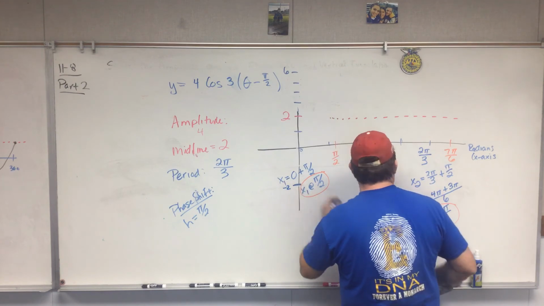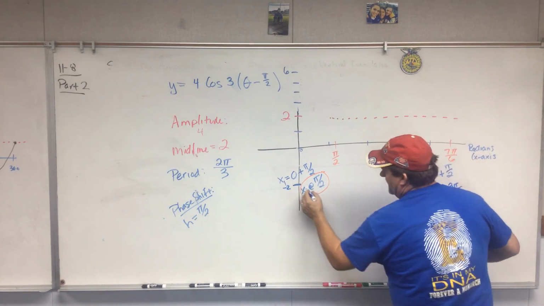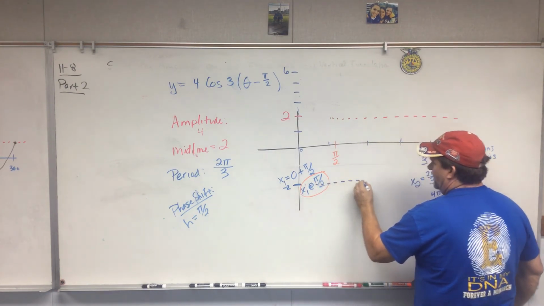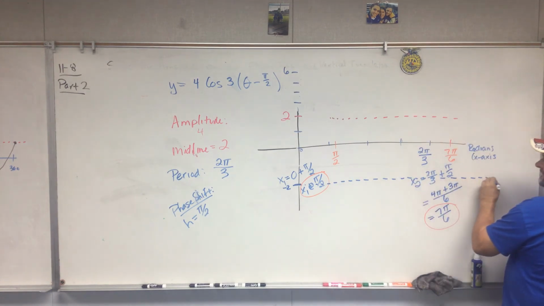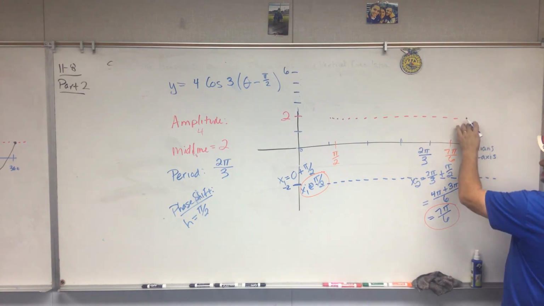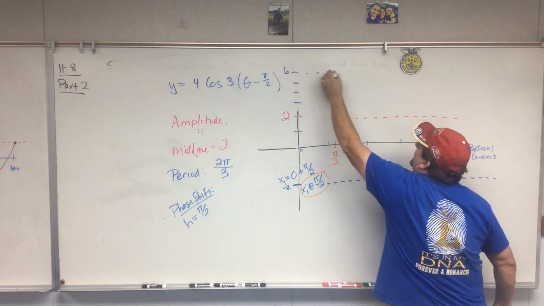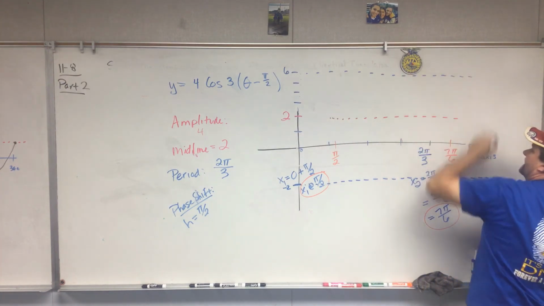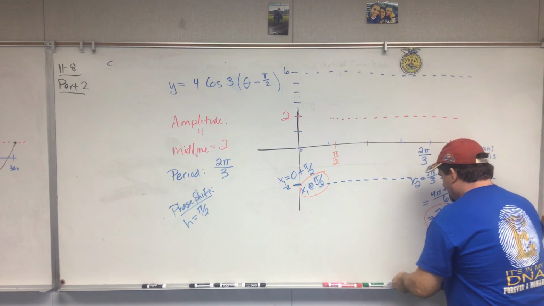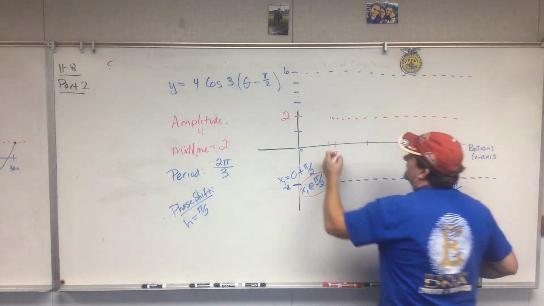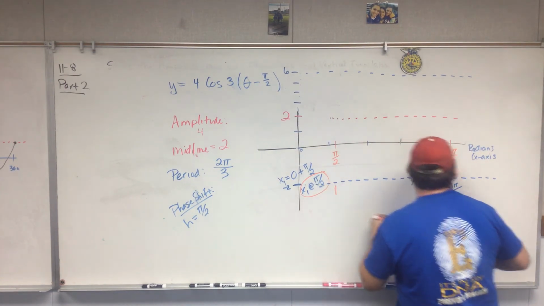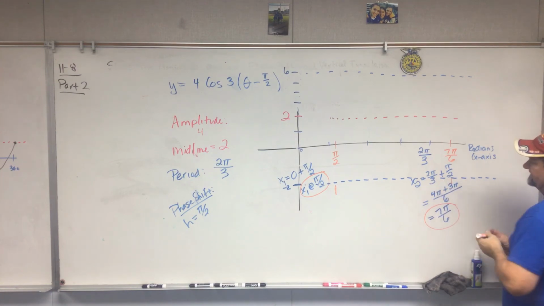So my minimum is going to be ugly. It's going to be all the way down through here. My maximum is going to be all the way up here. And my starting and ending points are at pi over 2 and at 7 pi over 6.